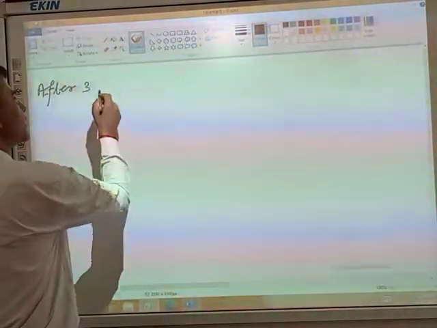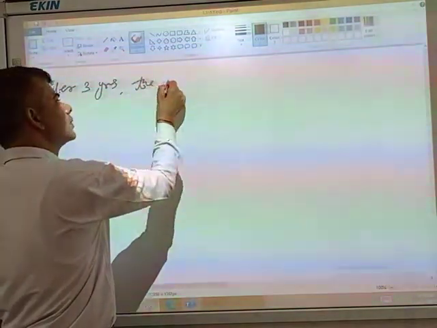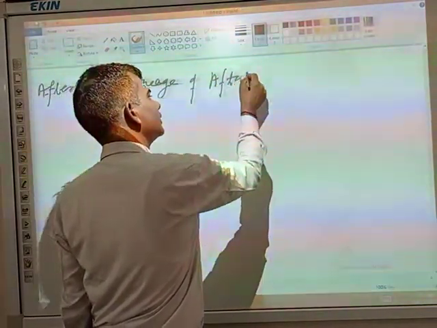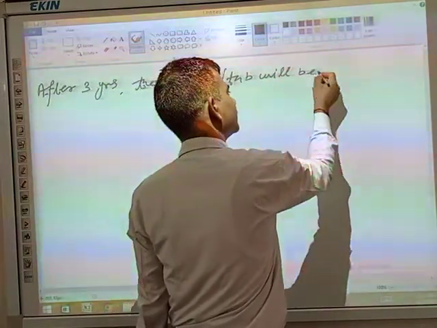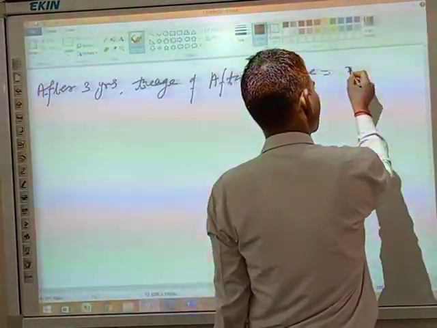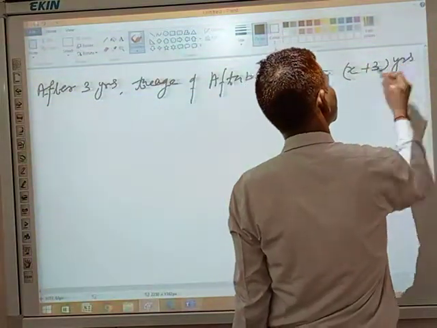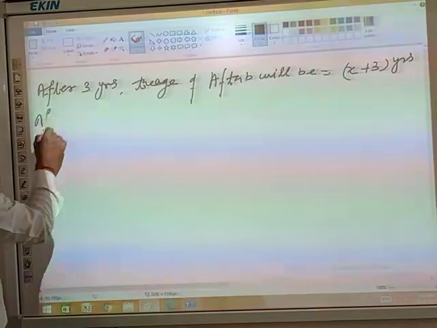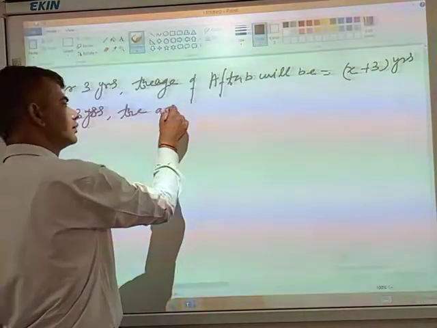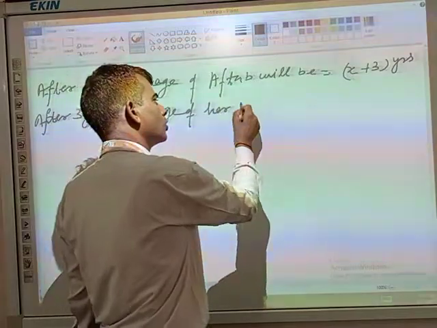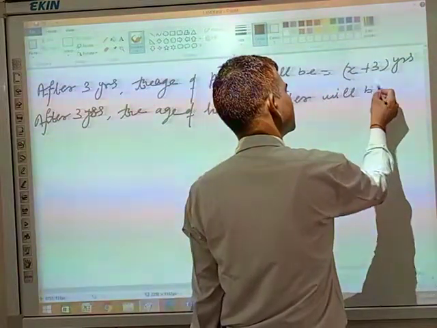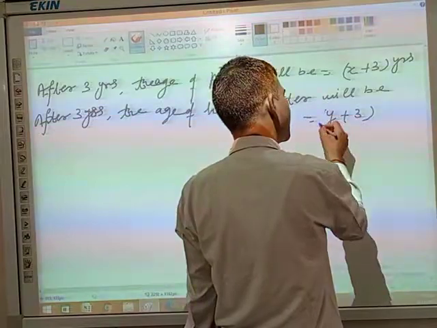Students, after 3 years, the age of Aftab will be x plus 3 years, and after 3 years the age of his daughter will be y plus 3 years. Students, any doubt, any problems?